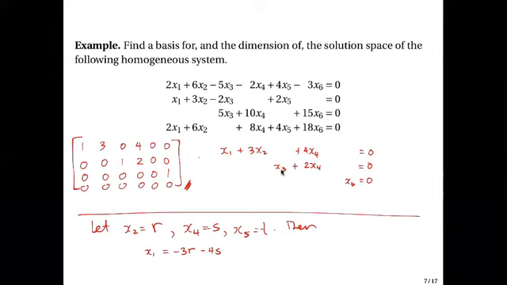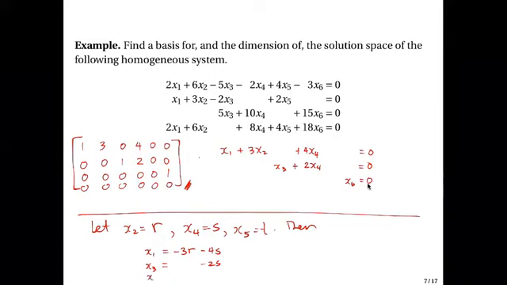And then for x3, this is equal to minus 2s. And then, of course, you have your x5 equals t, and x6 here equals 0.